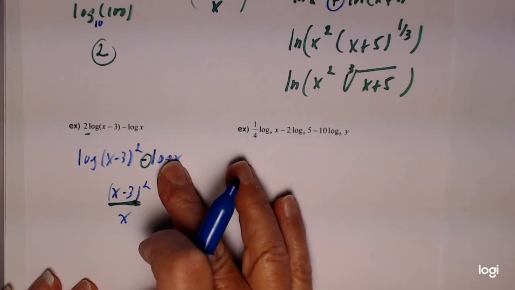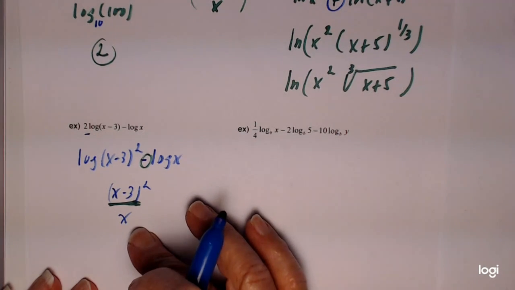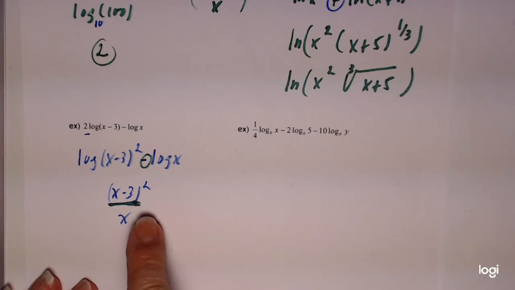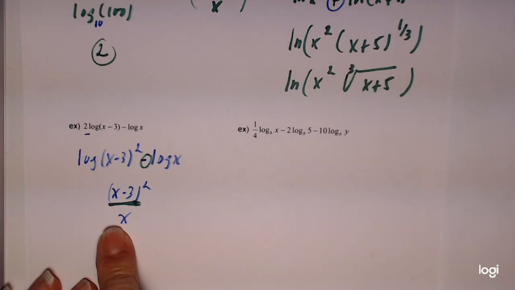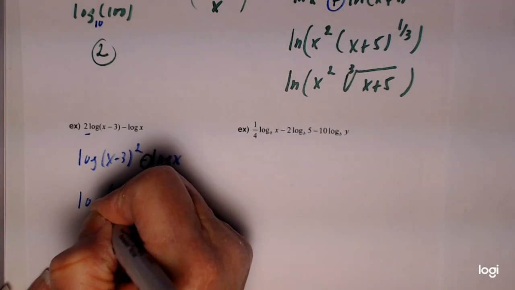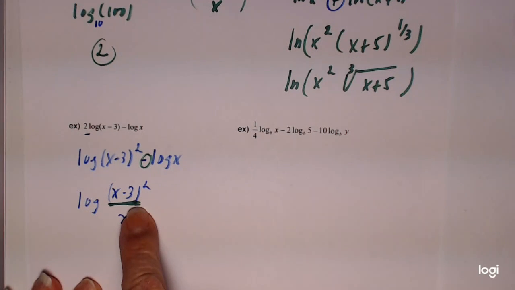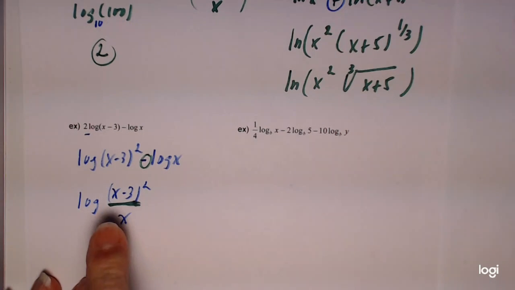Whatever's behind the negative sign, the subtraction, goes in the denominator. Notice we had two log statements. Once we combine using the property to make it a division, we only have one log statement. So you could leave it like this. If you wanted to put it in parentheses, you can. I'm going to leave it like this.